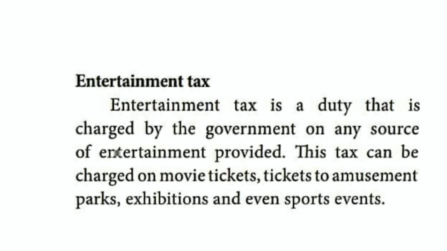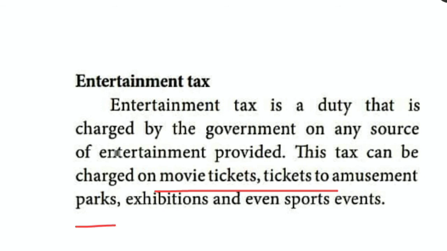The next one, entertainment tax. What is meant by entertainment tax? When we go to a movie and buy the movie ticket, we are paying some taxes. That tax is called entertainment tax.